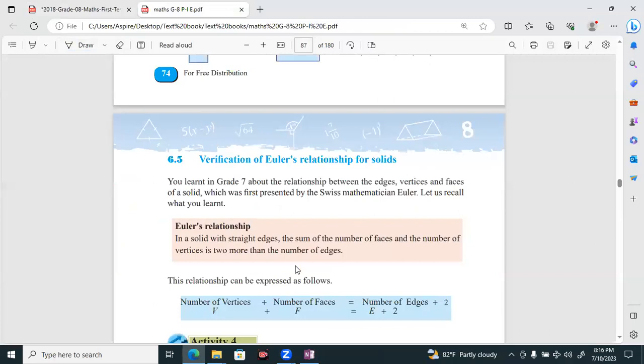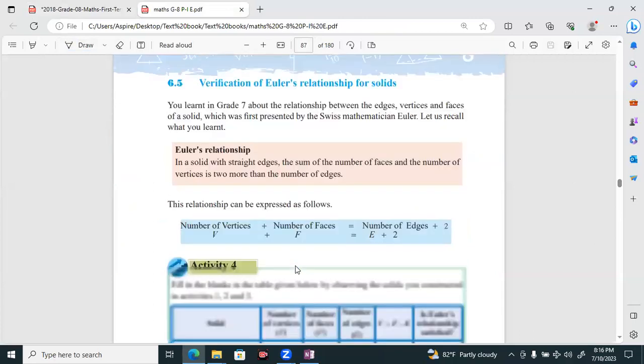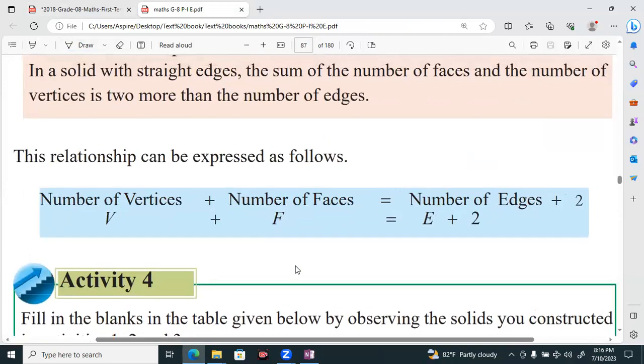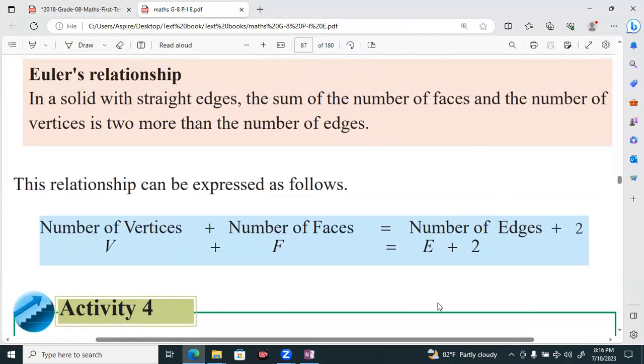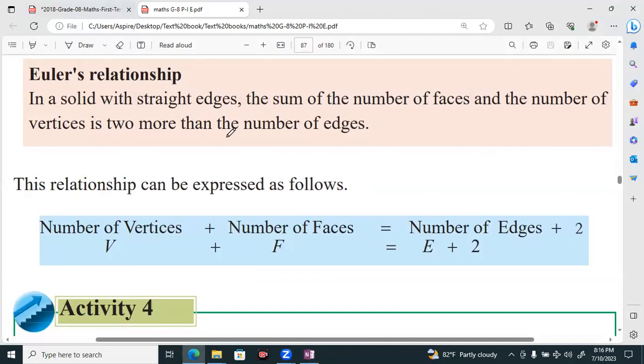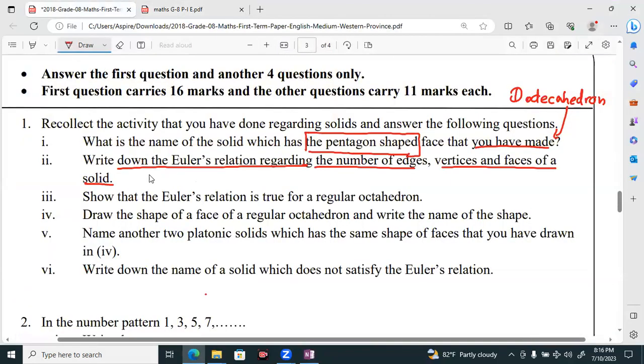Euler's relationship says that the sum of the number of vertices and the number of faces of a solid object equals the number of edges plus 2. Then you can write: number of vertices plus faces equals number of edges plus 2.